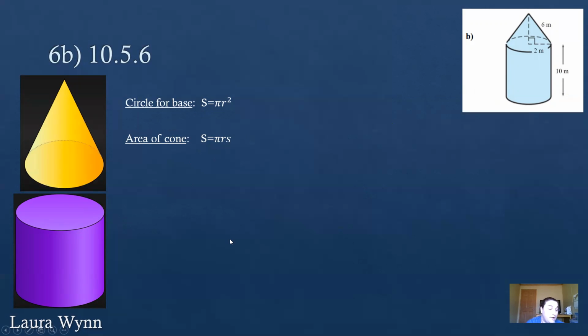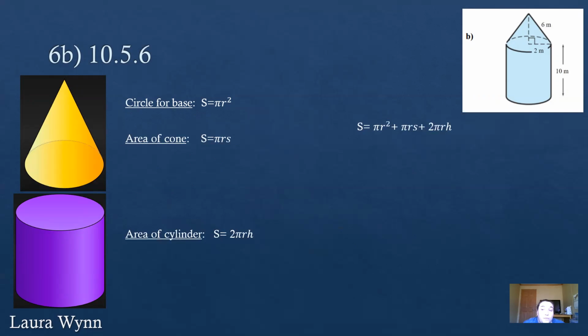And then we need the area of our cylinder, which is 2 pi radius h. So for the surface area of our object, we just add all 3 of these together. There's our formula for the object they have given us.